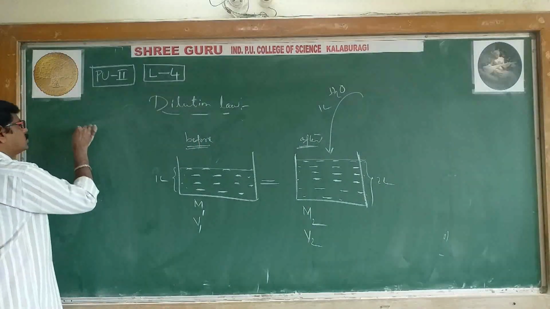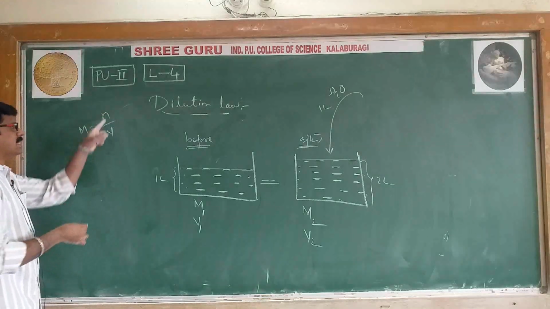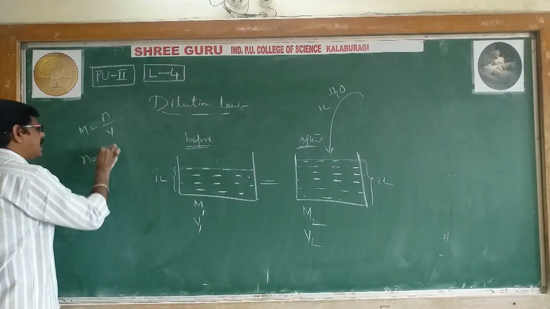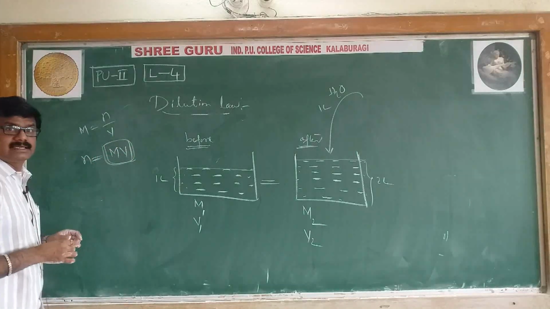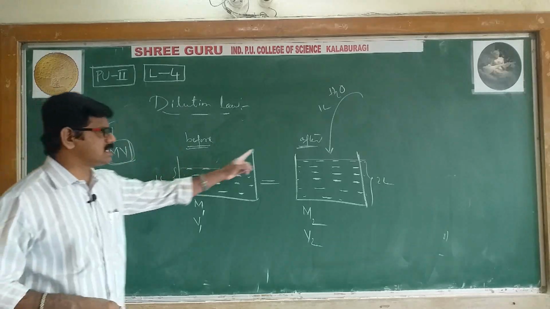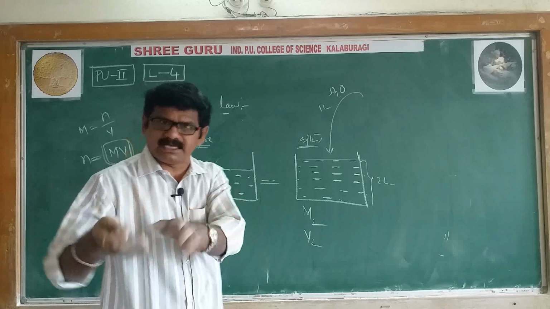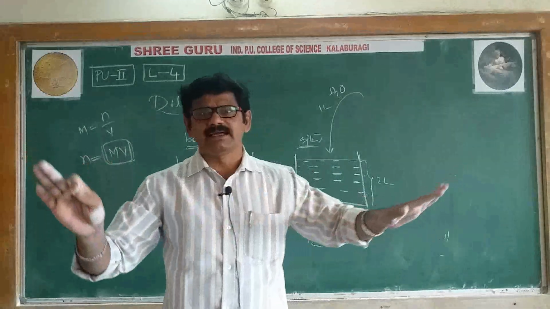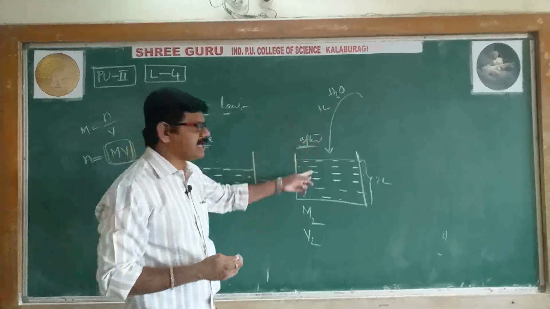We'll go to our molarity basic formula. Molarity equals n by V. Number of moles n equals M into V. This M into V value will not change. Moles will not change. Before dilution moles and after dilution moles remain the same, because we are not adding solute. Okay? If solute is added, moles will change. Only water added, that's it.